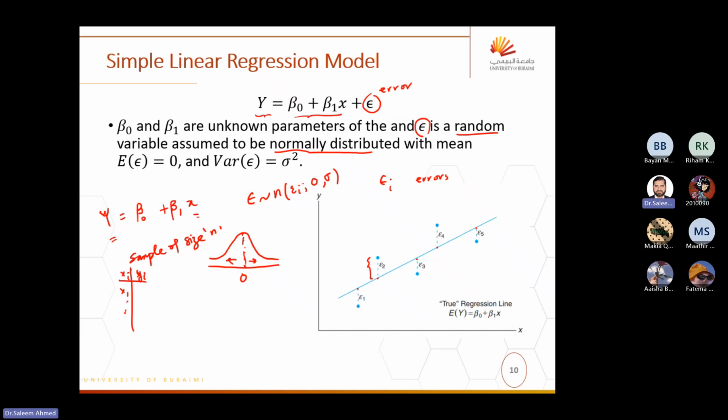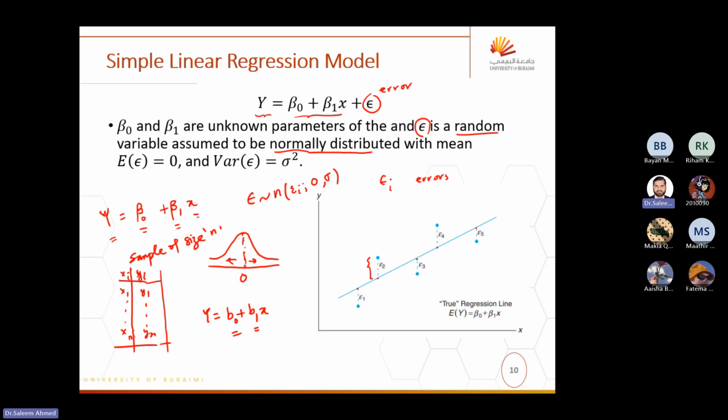So it's starting from x1 going to xn, y1 going to yn. And if we find a line from these sample points, then we don't call it beta naught. We call it b naught plus b1x. So b naught and b1 are estimates of beta naught and beta 1.